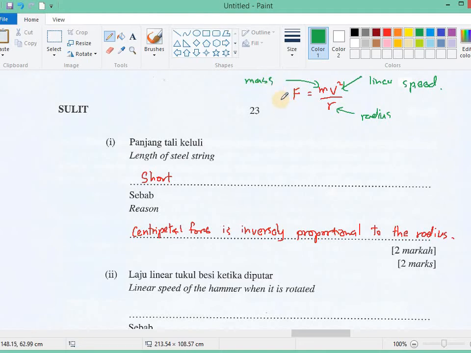F is the centripetal force. So here we can see that the centripetal force is inversely proportional with the radius. That means if the length of the steel string is short, then you can have a bigger centripetal force.